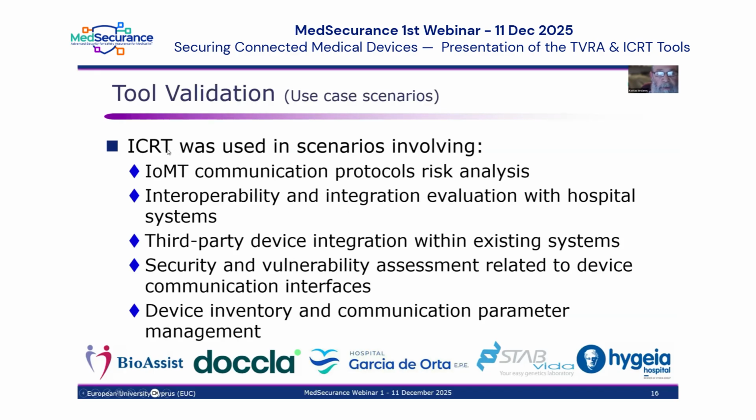The ICRT tool was used in scenarios involving IoMT communication protocol risk analysis from all these organizations, interoperability and integration evaluation with hospital systems by the two hospital partners, third-party device integration with existing systems, security and vulnerability assessment related to device communication interfaces, and finally, device inventorying and communication parameters management through the device manager.